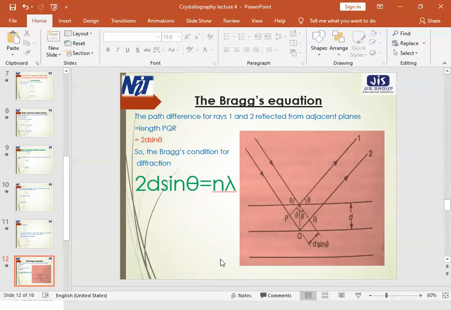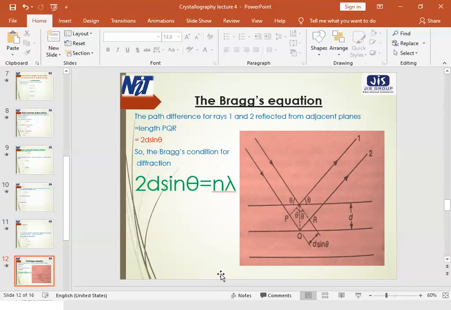Now we come to know a very important relation, that is Bragg's equation. At first we will have to know Bragg's treatment. Probably all of you have heard about Bragg. W.L. Bragg investigated the condition for X-ray diffraction by means of a model which gives the correct mathematical results in a very simple way.